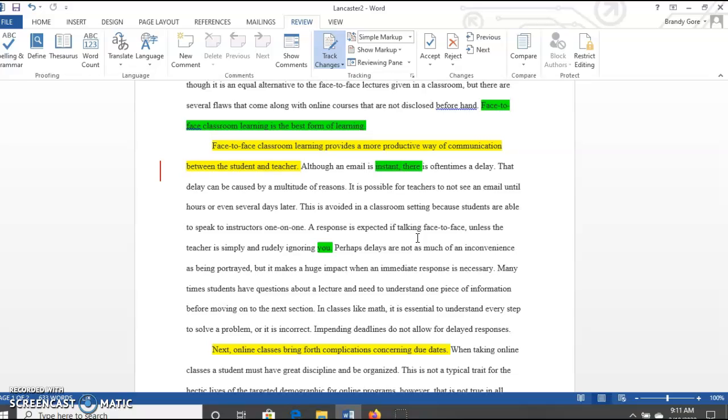You may have opportunity and reason to do that in other classes, if you're doing a process where you're explaining to someone how to do something, but we're not doing that in this class. So you need to get rid of the use however you need to. A response is expected if talking face-to-face unless the teacher is simply and rudely ignoring the student.